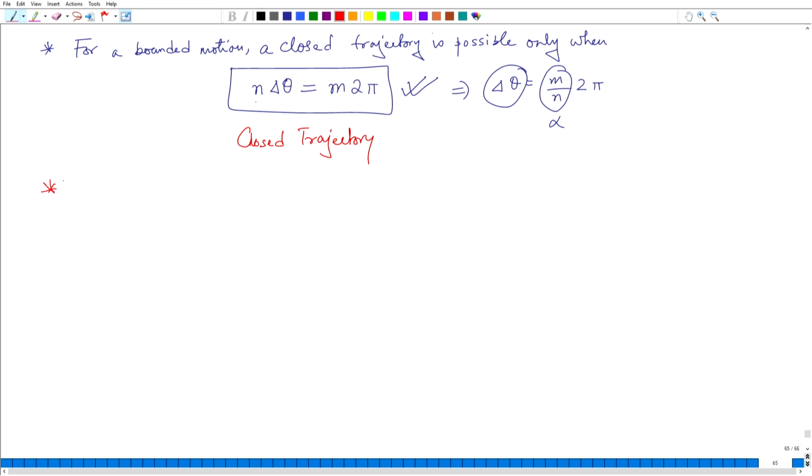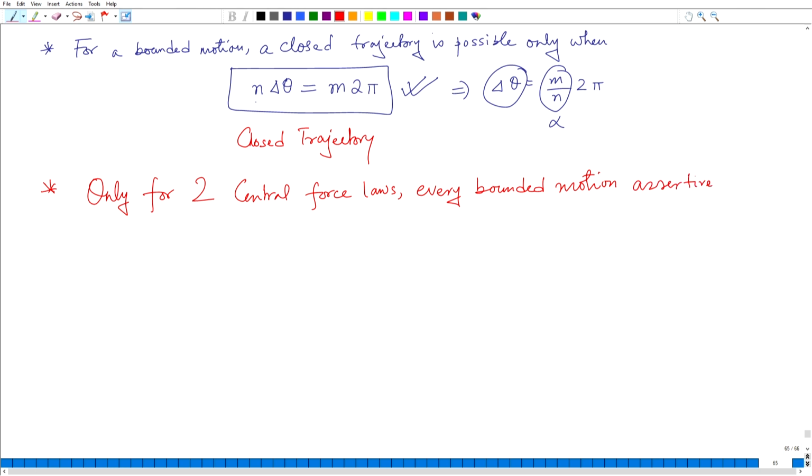Okay. And only for two central force laws, every bounded motion assertively associates a closed trajectory.